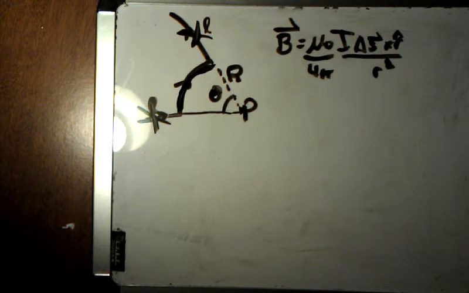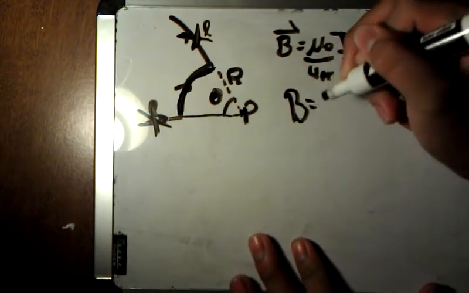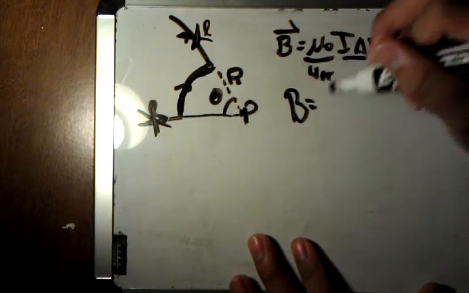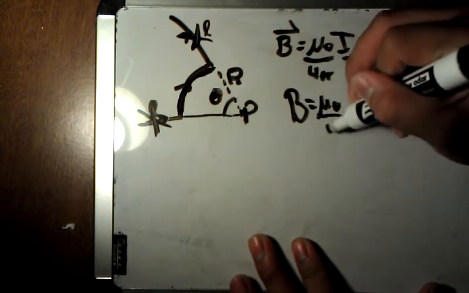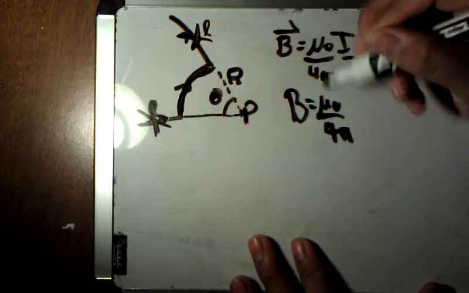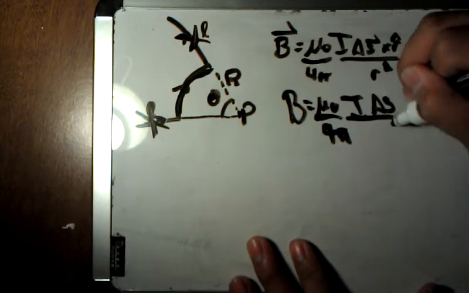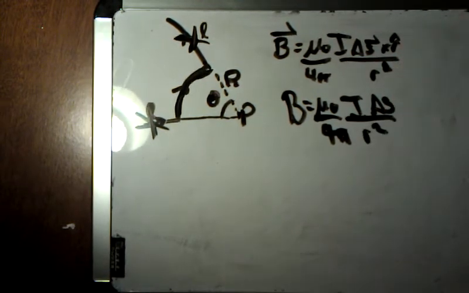So to simplify the expression, we could just get B equals mu naught I over 4 pi, I delta S over R squared. So now that we have this expression, we need to integrate ds to find the general expression for point P right here.